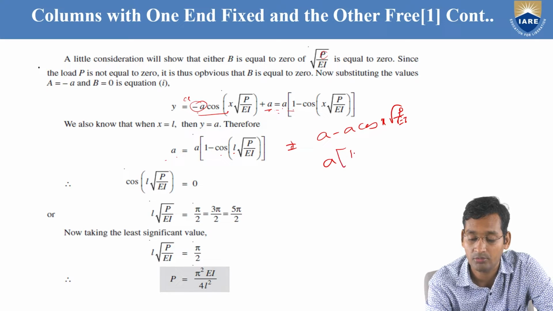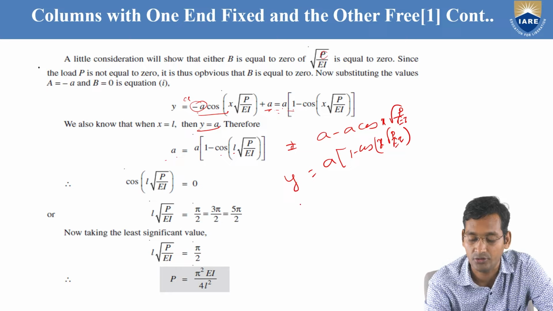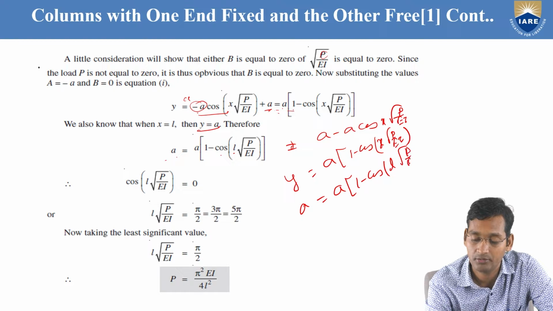So a common, 1 minus cos x root P by EI. This is equal to what? y. Next condition is y equals a when x equals L. Put. So y equals a, 1 minus cos, now x is what? L root P by EI.